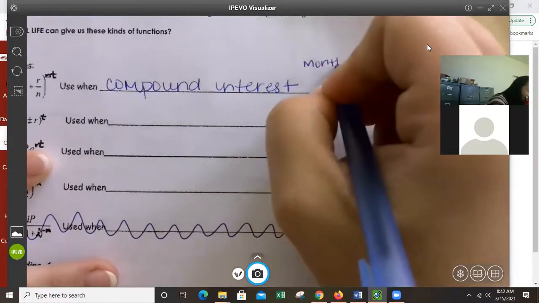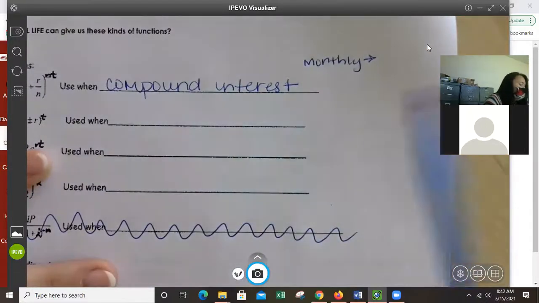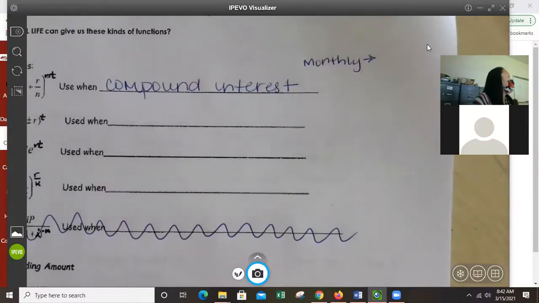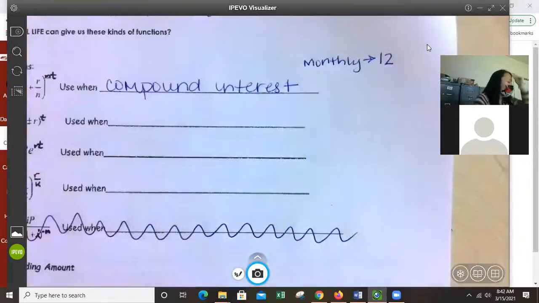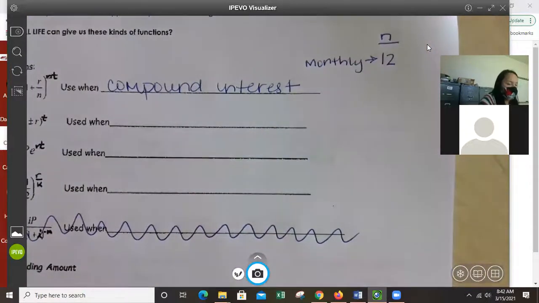They'll tell you monthly. So it'll say deposited such and such amount, $100 into the account, and it compounded monthly. So how many times a year would it compound if it's monthly? 12. So you're going to use 12 for your N. Okay, so your N would be 12.